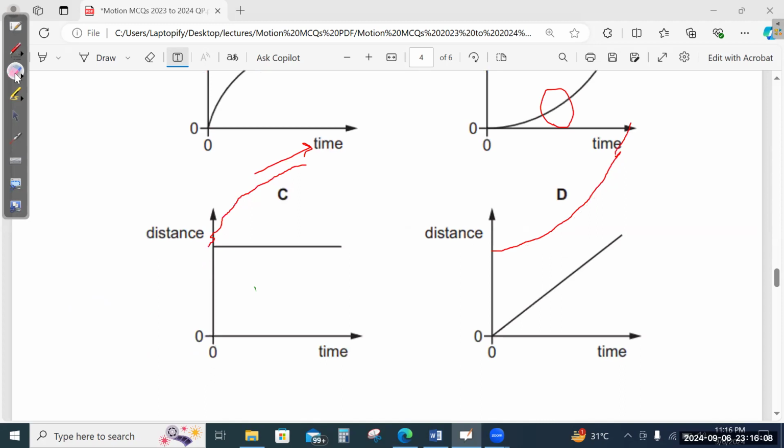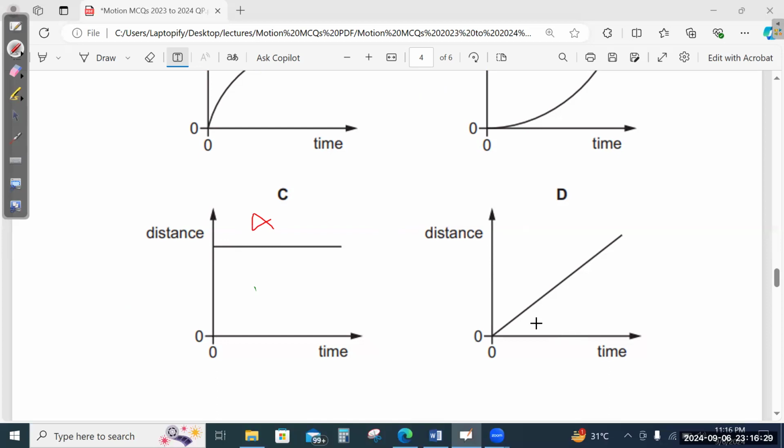If you look at option C, this is a distance-time graph. I have already told you that when the graph is horizontal to the time axis in a distance-time graph, it means the body is at rest. So this is not correct.